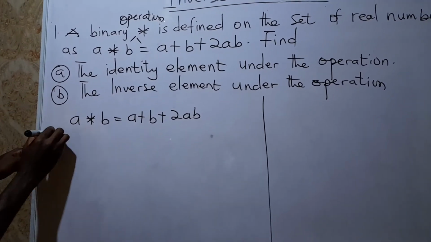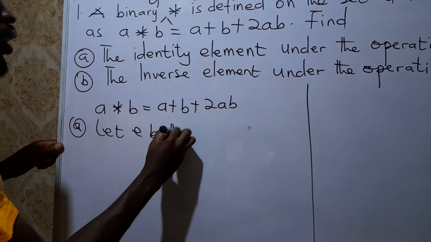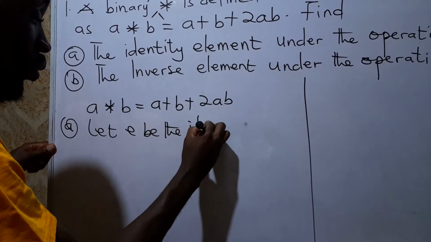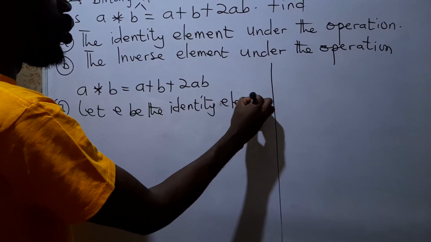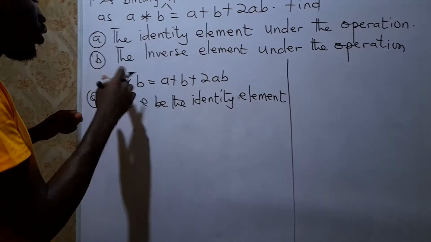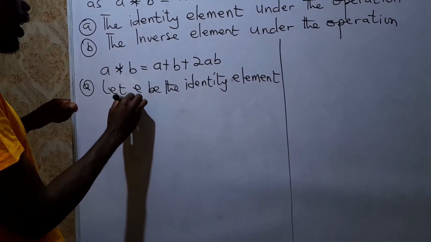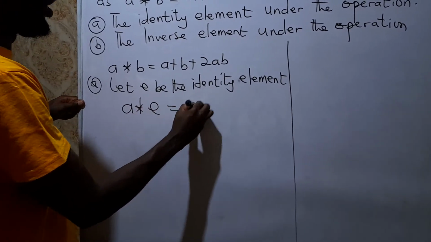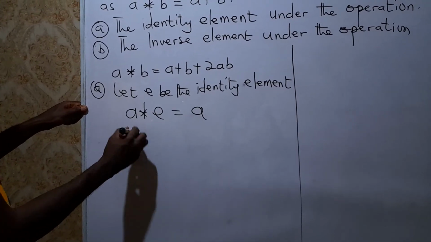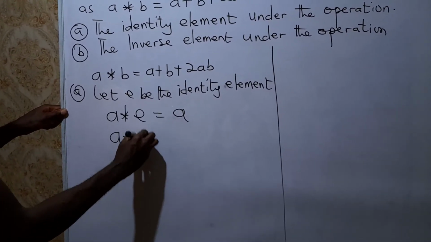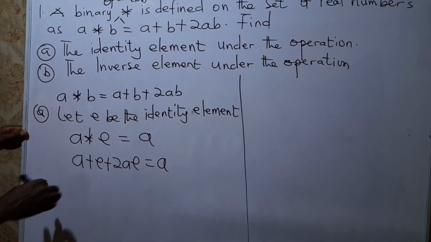And we say that we should let E be the identity element. So remember, if E, the identity element, is combined with any element, let's say A, then A star E will give us A. So A star E, that means in the place of B, we just substitute E. So we have A plus E plus 2AE equal to A. You can send the A there.